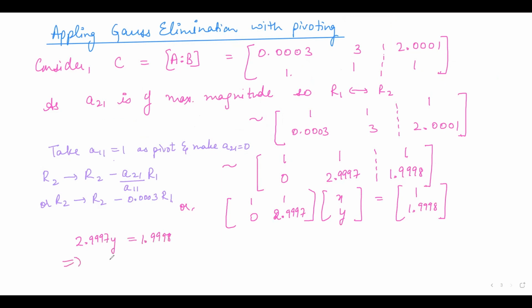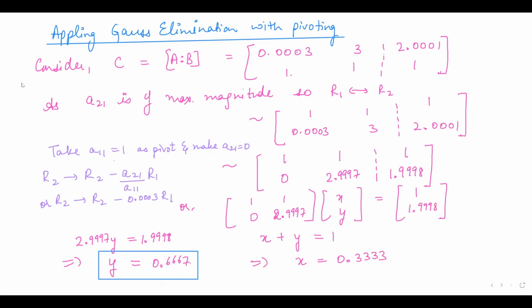So my y is coming out to be the same. There is no change. This is my value of y. But when I consider the other value, that is the value of x, x plus y is equal to 1. Substituting this particular value in this, I'll get 1 minus 0.6667. So I am getting here x as 0.3333.